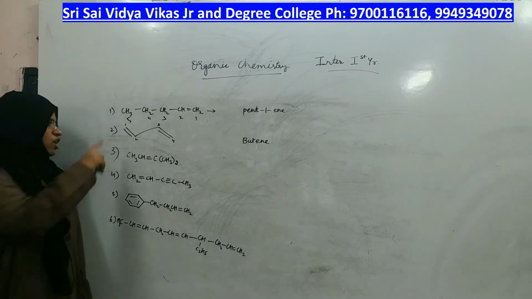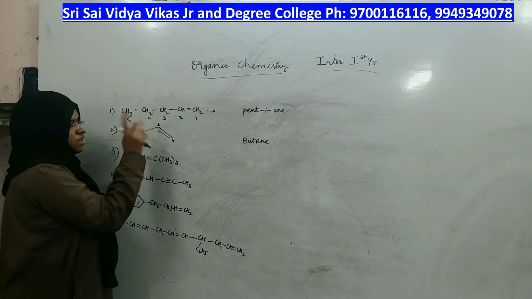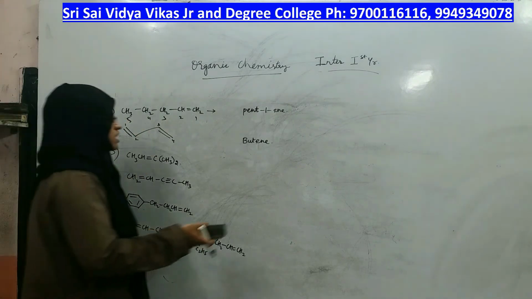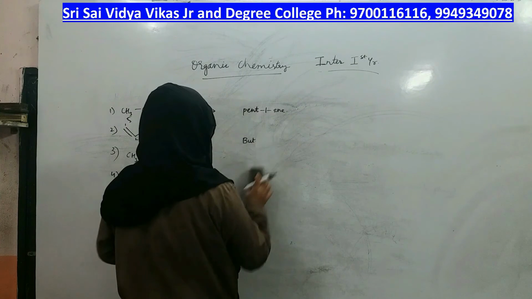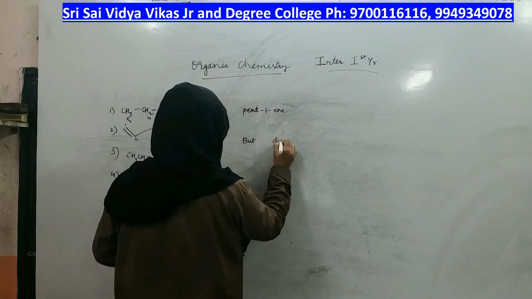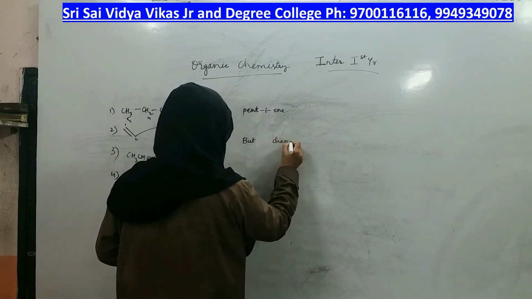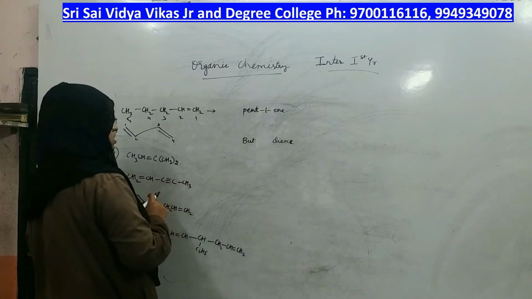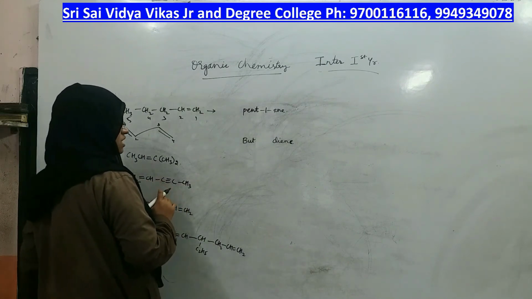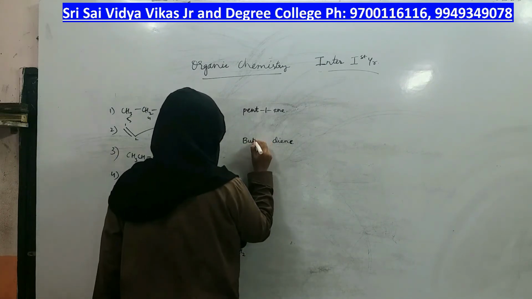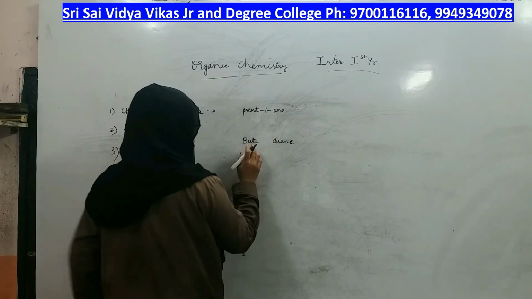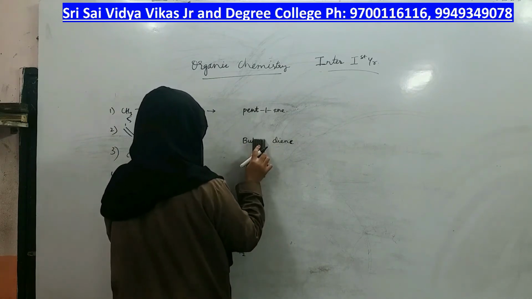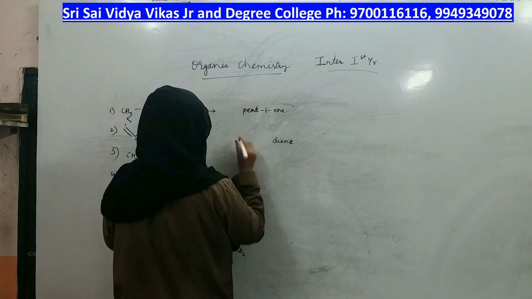Just say on first carbon and on third carbon. Okay. So there are 2 double bonds. I should write diene, not just ene. Where are those 2 double bonds? They are not side by side. So instead of writing just but, you should write buta.